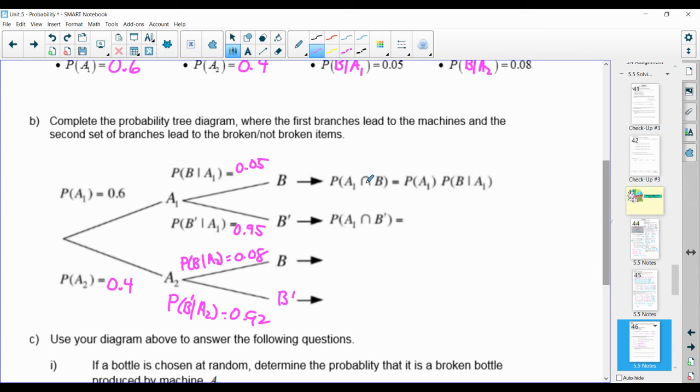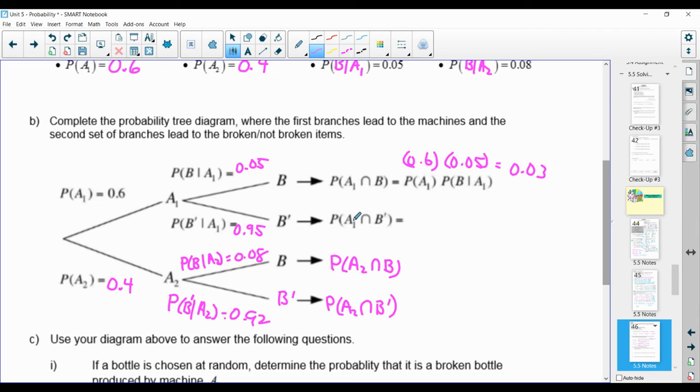So I'll write out our probabilities here. The probability of coming from machine A1 and being broken, the probability of coming from machine A1 and not being broken, the probability of coming from A2 and being broken, and then the probability of A2 and not broken. So for the first one here, we've got the probability of A1 times the probability of B given A1, and so that's going to be 0.6 times 0.05, which is 0.03.